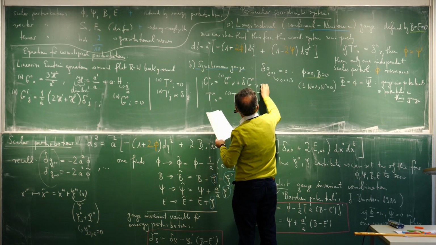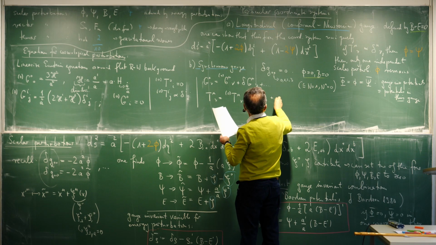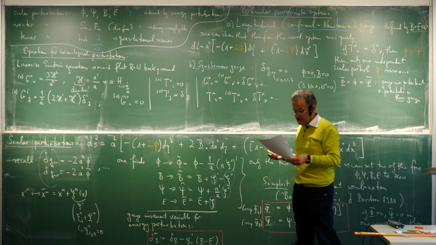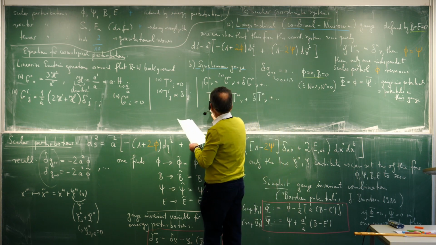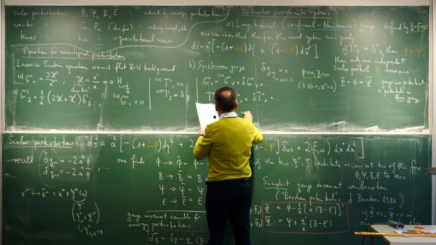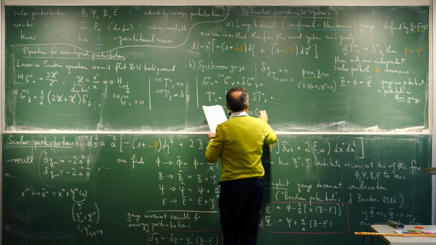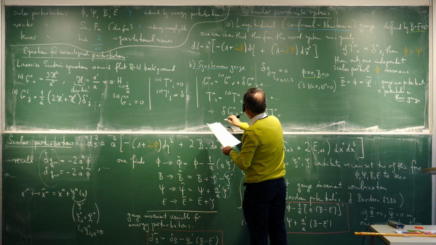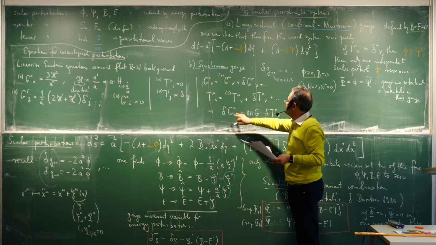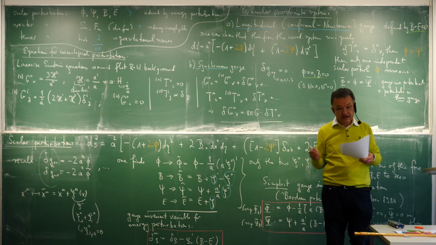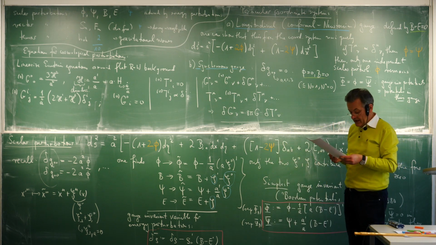You have higher orders that you neglect, so we only go up to first order, the linearized level, and then we arrive at delta G mu nu equals 8 pi G times delta T mu nu. So you relate these perturbations to these perturbations, but these are not gauge invariant as they stand.